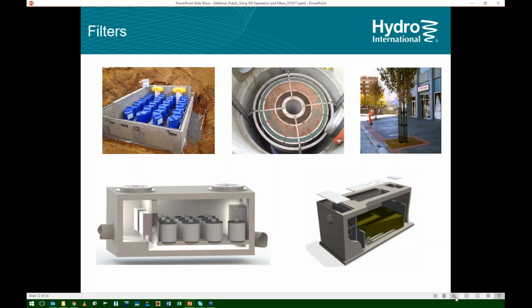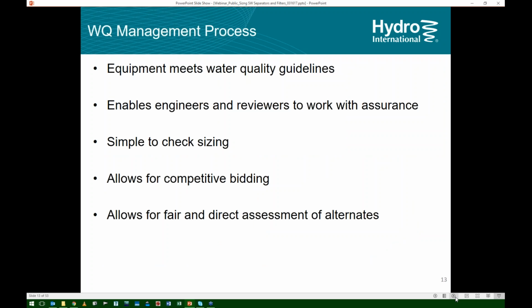Now, really what we want is quality assurance, that if we specify something, it's going to meet the local stormwater standards, and that as an engineer or a reviewer, whatever you use will meet those standards, and that when you do a check, it's a simple check, that you can trust what you're being told.